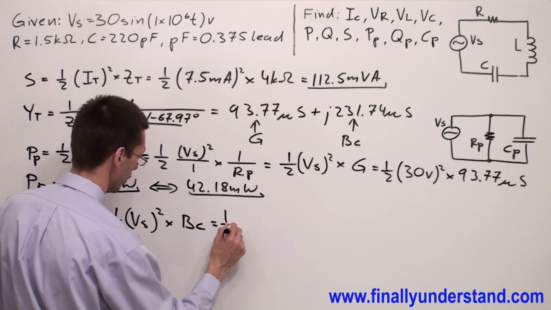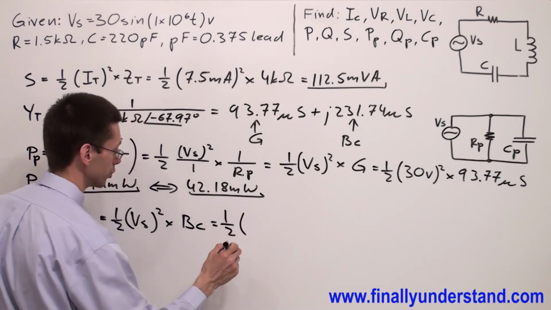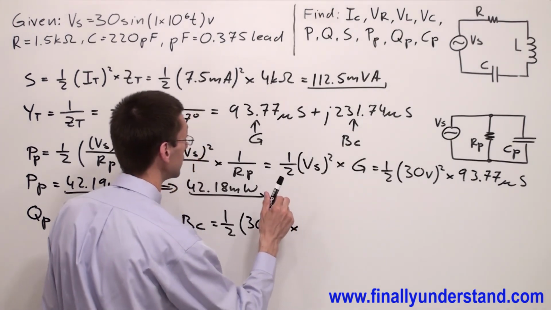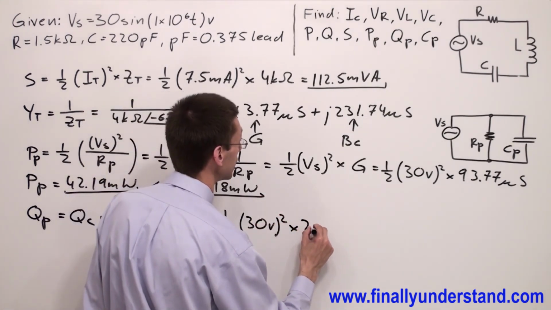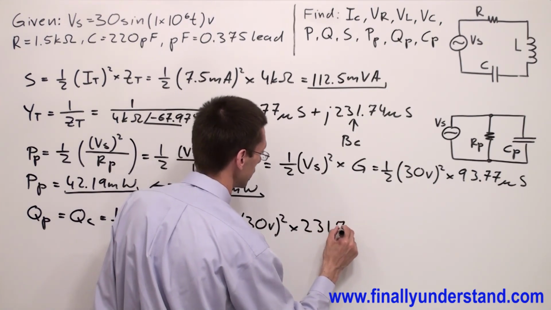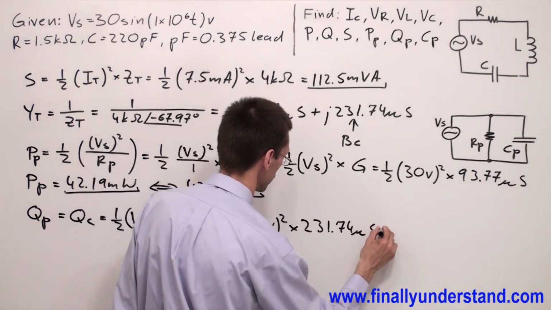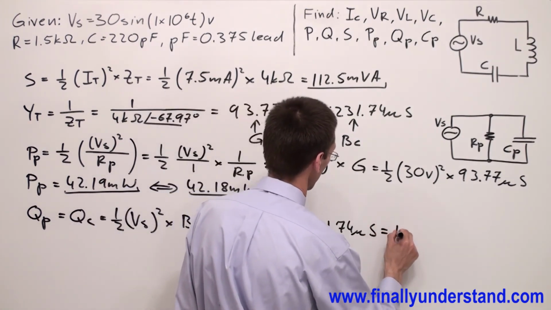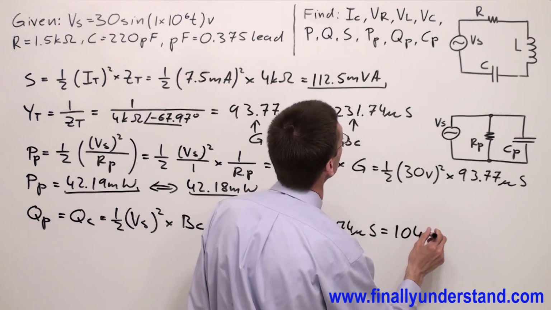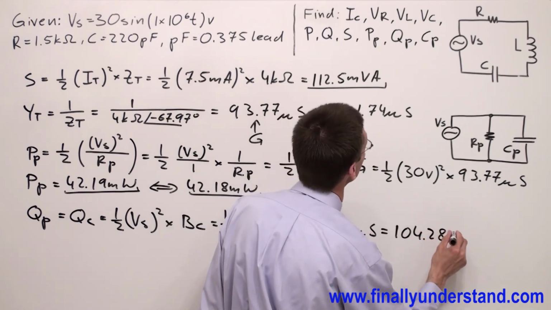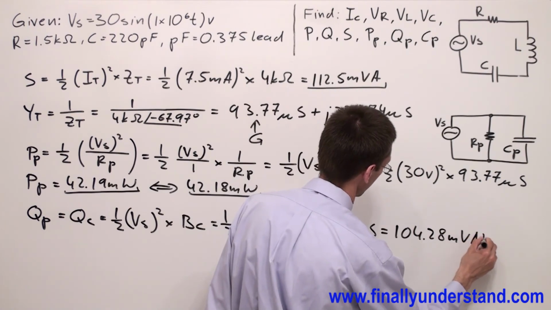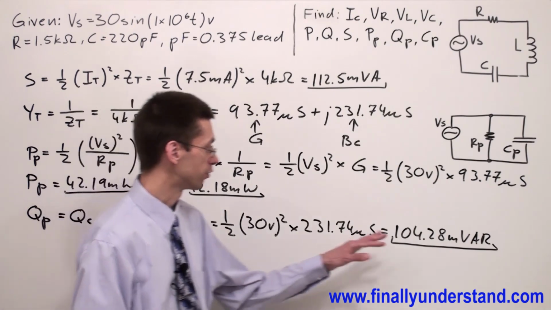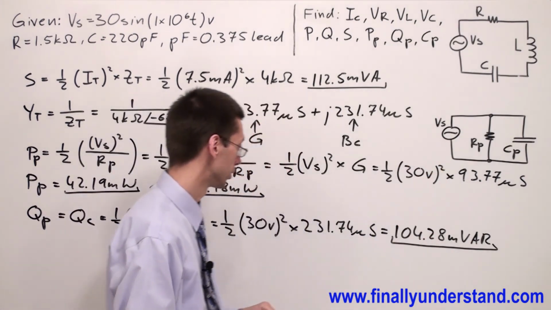So this is equal to 1/2 times 30 volts raised to the second power times BC, 231.74 microsiemens. This is equal to 104.28 millivolt ampere reactive. So this is the reactive power in the parallel equivalent circuit.